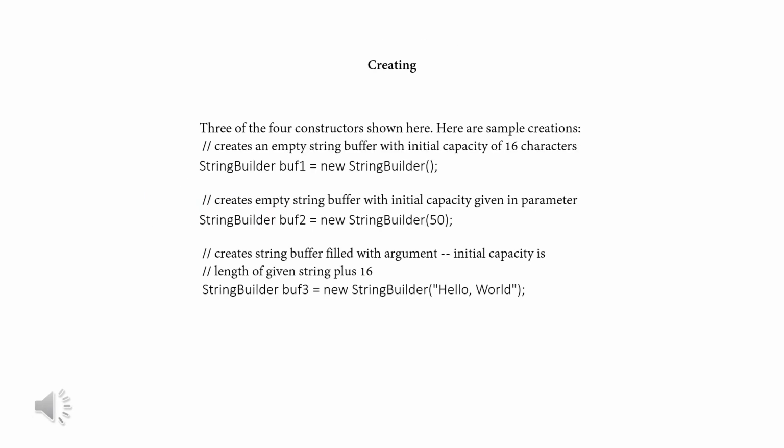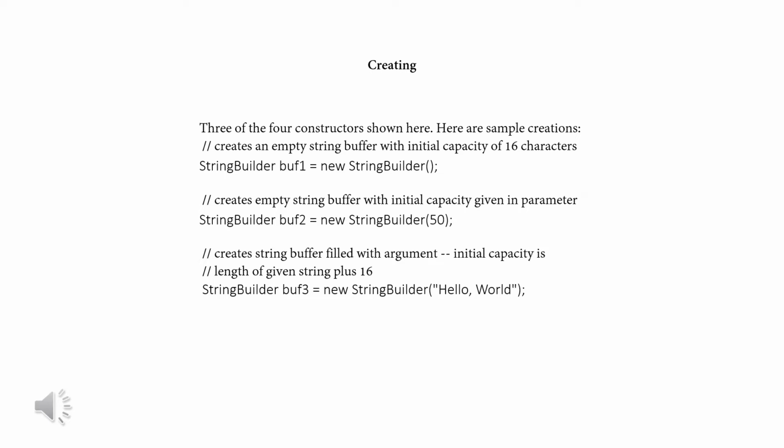As you see here, we have three ways to create a string with a StringBuilder class. First, StringBuilder buff1 equals new StringBuilder. By using that, you actually are creating a string with an initial capacity of 16 characters, right? So that's an empty string, but the initial capacity of this string is 16 characters.